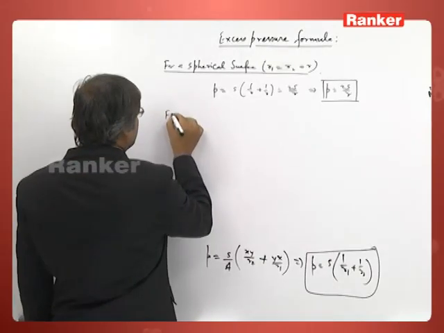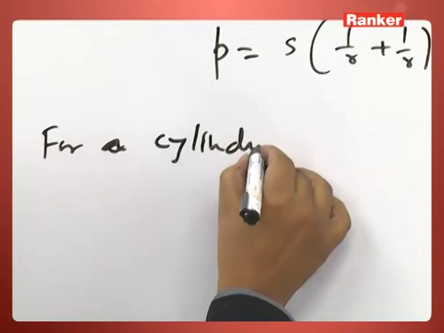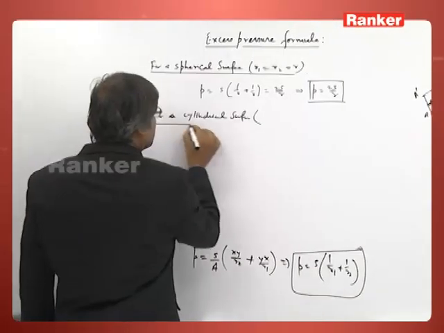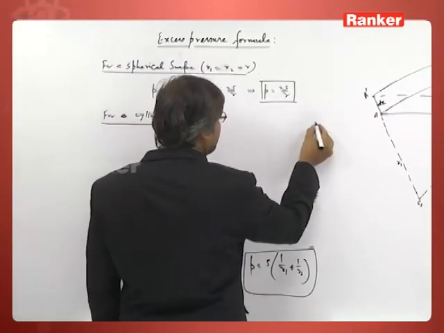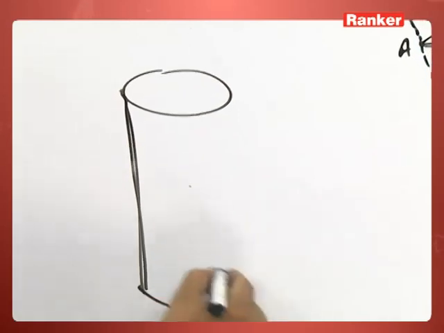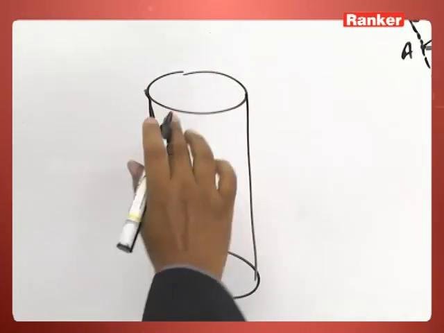Now for a cylindrical surface, you see a cylinder surface is made when you translate a line along a curve.